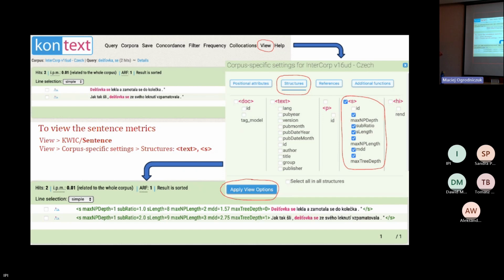Besides ID, you have all these measures. If you click all of these measures and apply view options, you finally see all these measures for the sentence. So it's just for viewing.